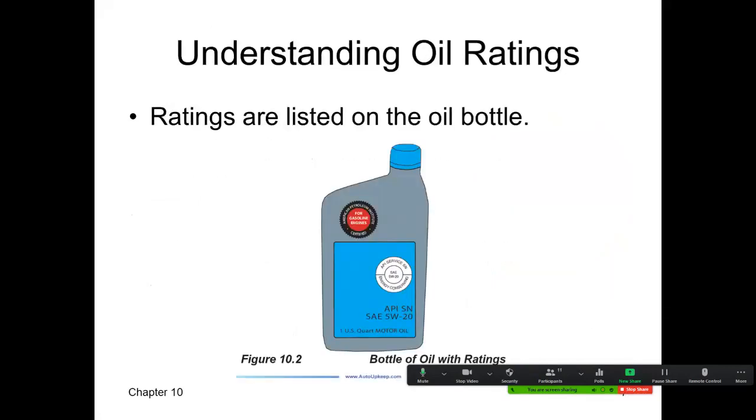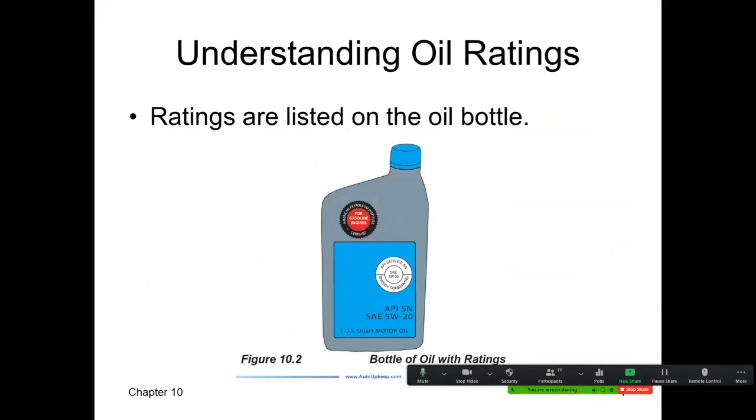Okay, so this is where we need to take a look at some of these oil ratings. If you look at a bottle, you're going to find the API service rating, and they've come in different letters. They started with the letter A, and over time we've gone A, B, C, D, and then they've doubled up.